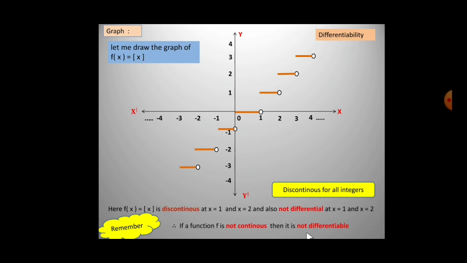So in examination, if any function is given, and you have to check whether it is differentiable or not at a particular point, just by drawing the graph, or if you know the graph, we can easily say whether it is differentiable or not. If the function is continuous, it may be differentiable or not, that we have to check by procedure. But if it is not continuous, then it is compulsorily not differentiable. Okay.